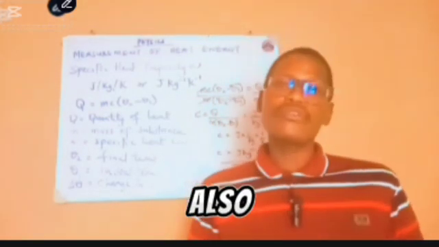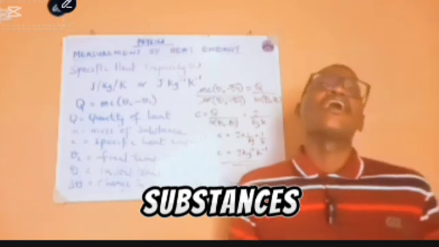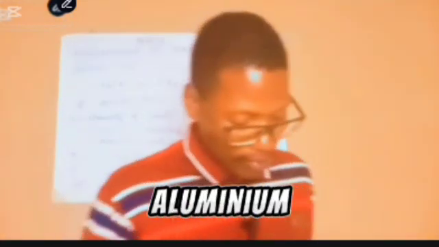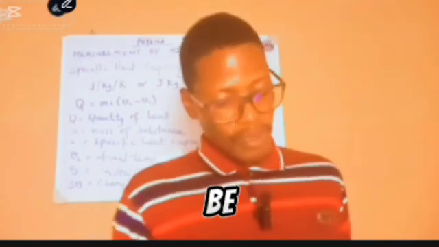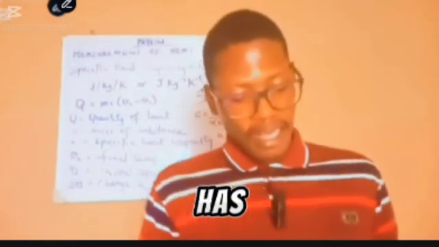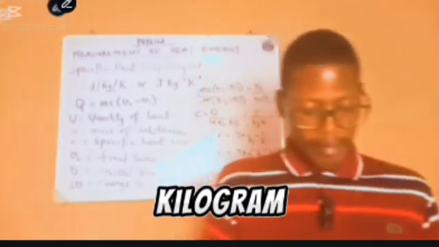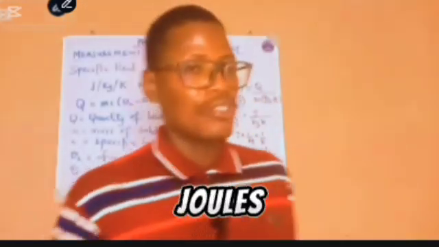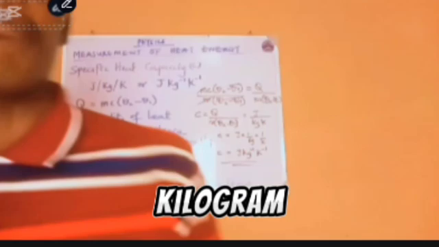And you must also know that different substances have different specific heat capacity. For instance, aluminium has the specific heat capacity of 900 joules per kilogram per Kelvin. Brass has 380 joules per kilogram per Kelvin. Water has 4,200 joules per kilogram per Kelvin.